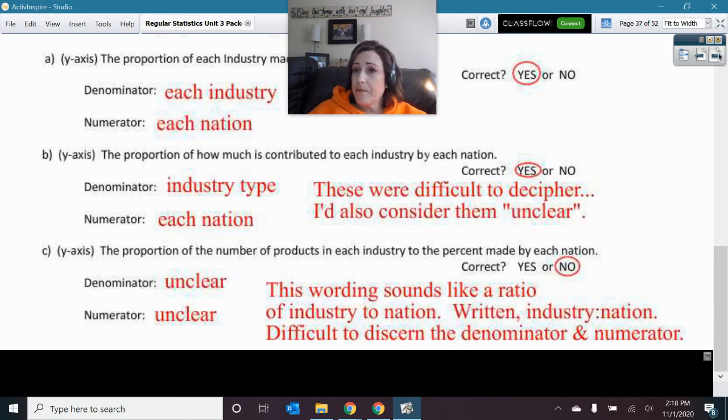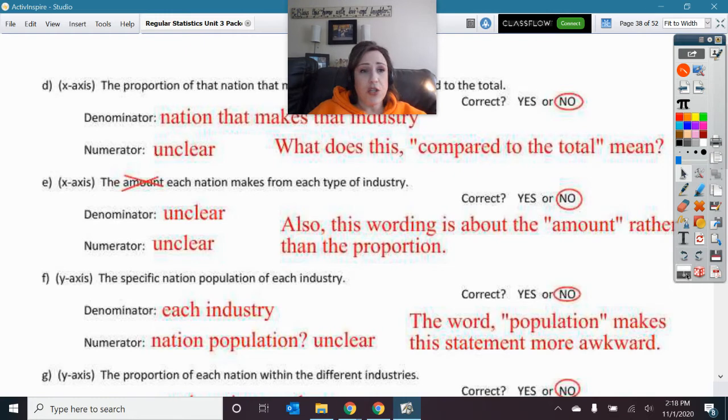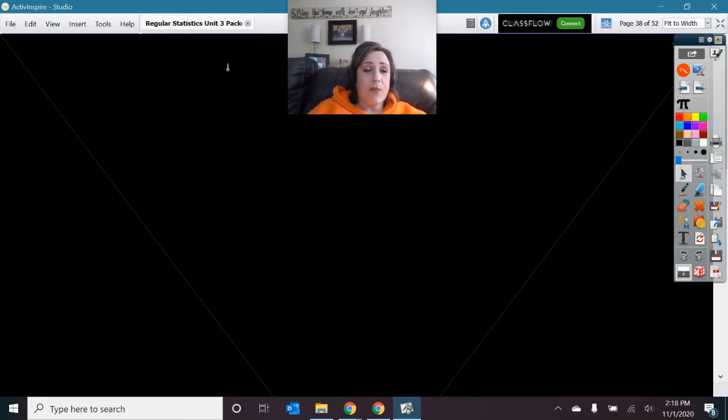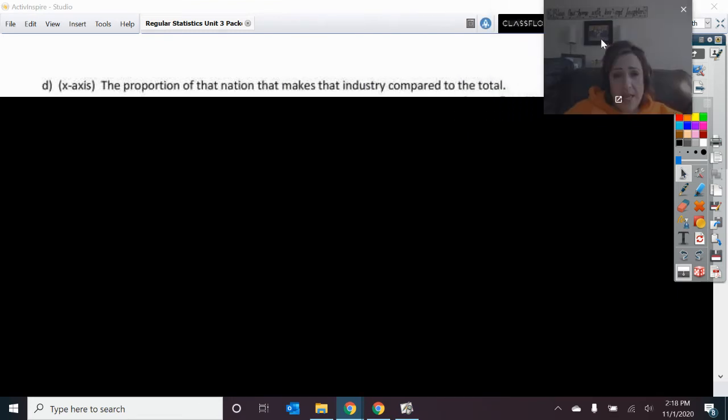All right. Next, here we have the proportion of that nation that makes that industry compared to the total. I don't know what this compared to the total is.